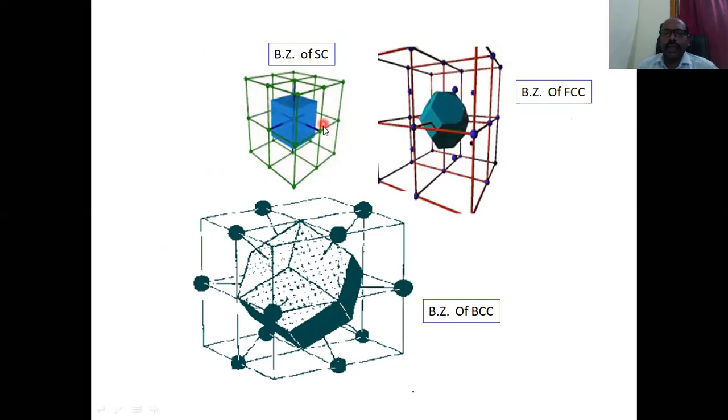The blue planes are drawn at the middle of the vectors, and the intersection of those 6 blue planes forms a simple cube again. Okay, so we move to another one now.